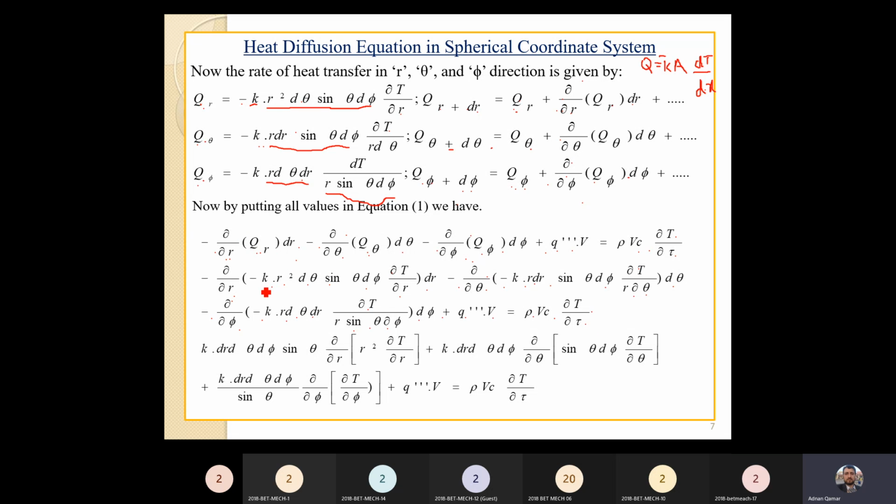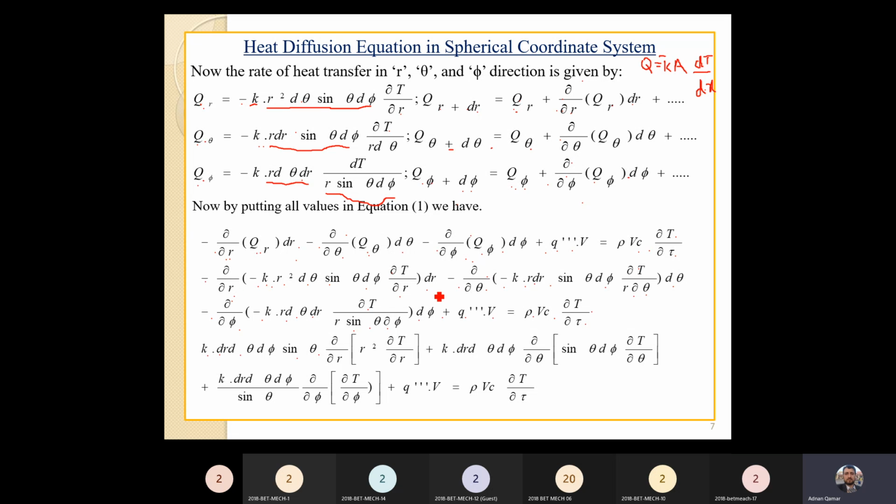So in all these terms you can see that minus k is constant, dr is the same constant, d theta is constant in all these three terms, and sin theta is constant.